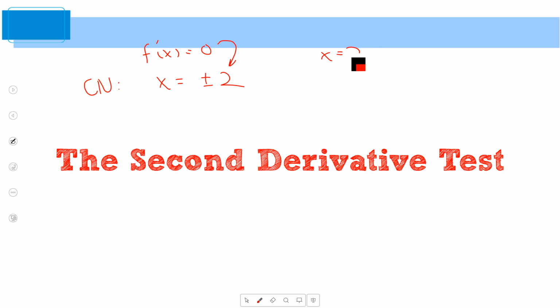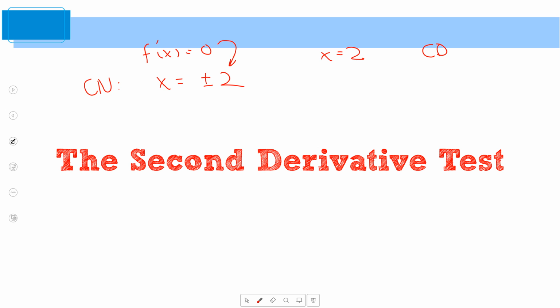Let's talk about x equals 2 first. At x equals 2, we know it's a critical number, which means it's either a max or a min, but it's concave down. The graph is concave down. Would it be a max or a min? Why? Right. I mean, it seems silly, but this is a really good explanation. Everybody with me?